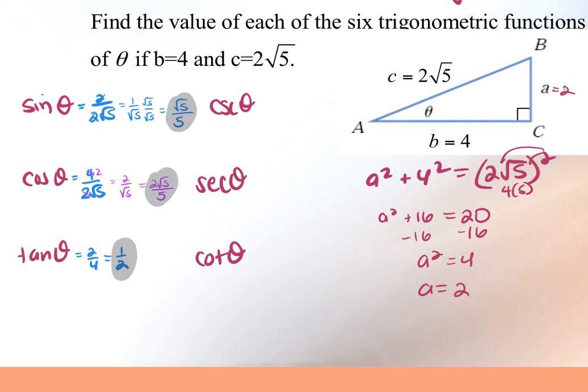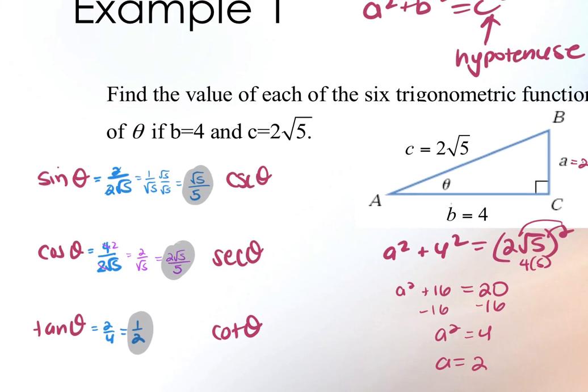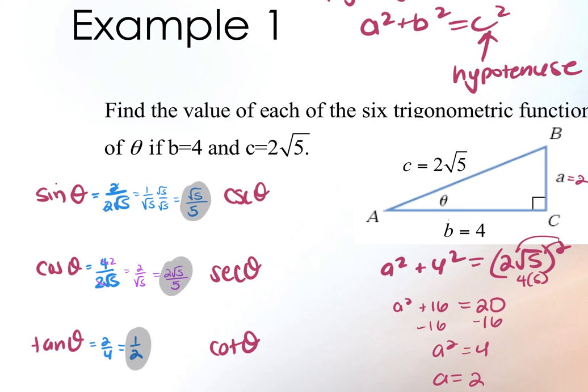Now to find the reciprocal functions, I want to flip the originals. But if I rationalized the originals, I want to go back to before I rationalized to flip. So for cosecant, I'm going to go back to the 1 over root 5 before you rationalize. Otherwise, you're going to have to rationalize something you already rationalized. So this is just root 5.